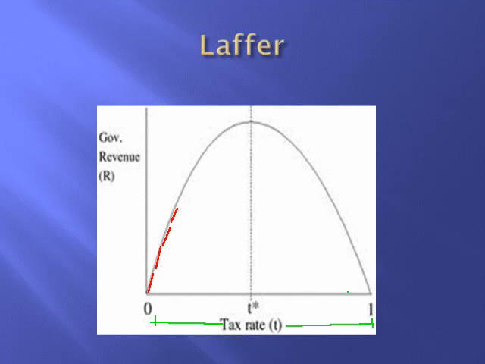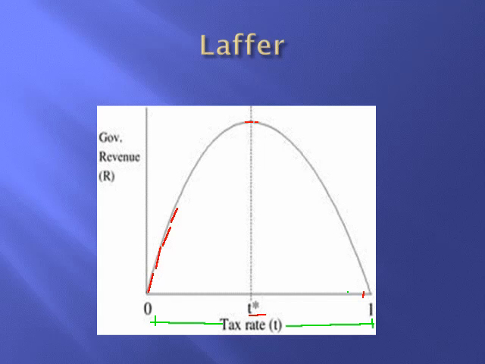But at some point up here, that government revenue is going to max out, because beyond that tax rate, T star, people are going to either stop working or start hiding their income. If the tax rate, for example, is say 99%, that means that for every dollar you make, you get to keep a penny.